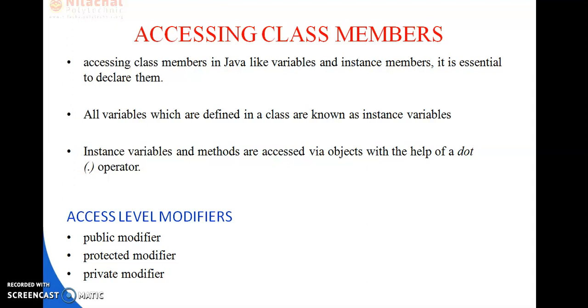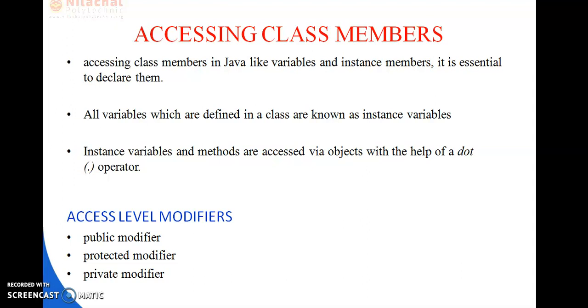Okay, now we will discuss the different types of access level modifiers. There are three types of modifiers in Java: public modifier, protected modifier, and private modifier. What is a modifier?